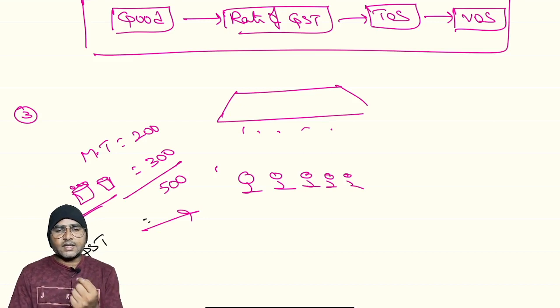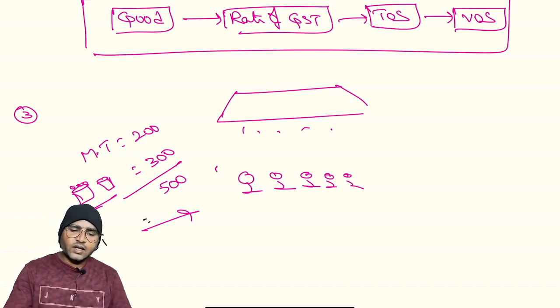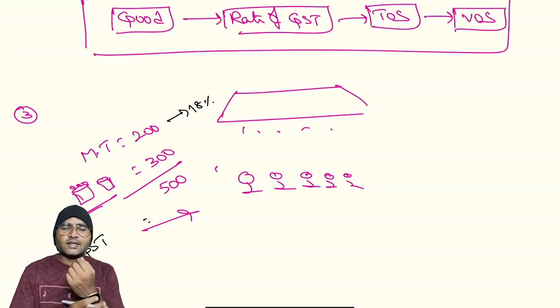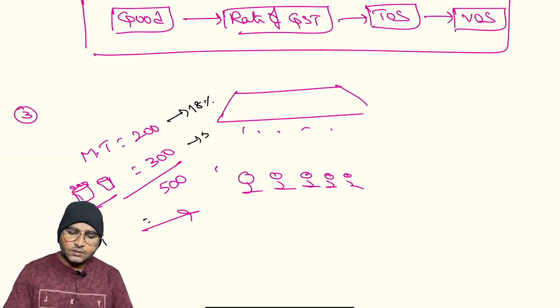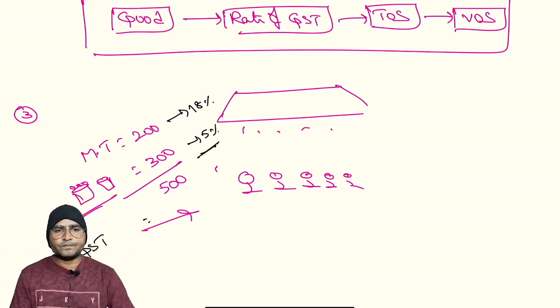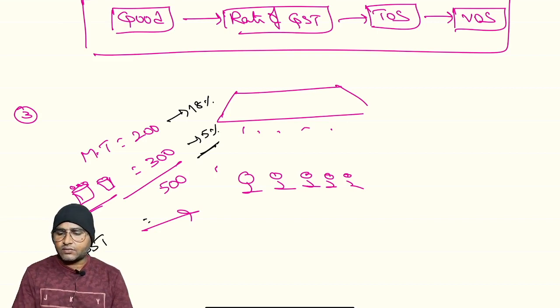Suppose the movie ticket concern, it is an entertainment service. Entertainment service is taxable at the rate of 18%. And supply of the food or beverages, those are taxable at the rate of 5%. Right? Now, what is the nature of supply?